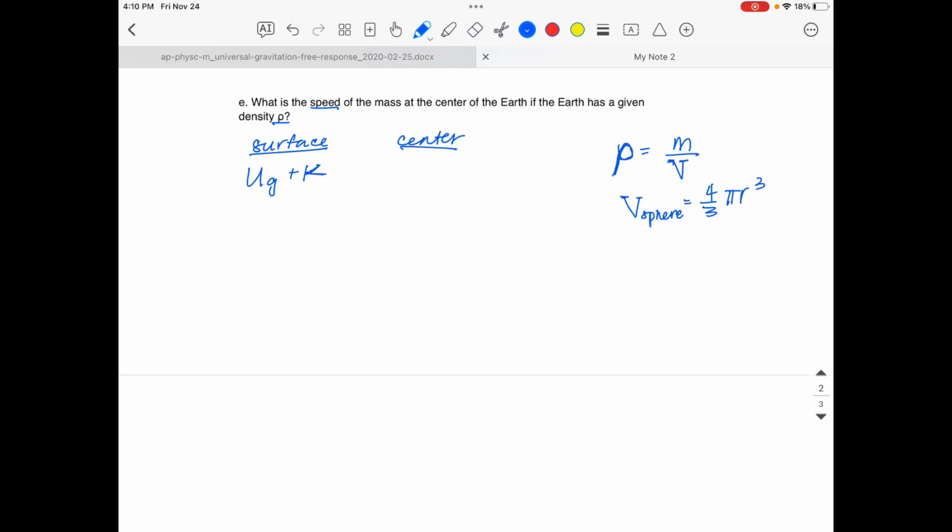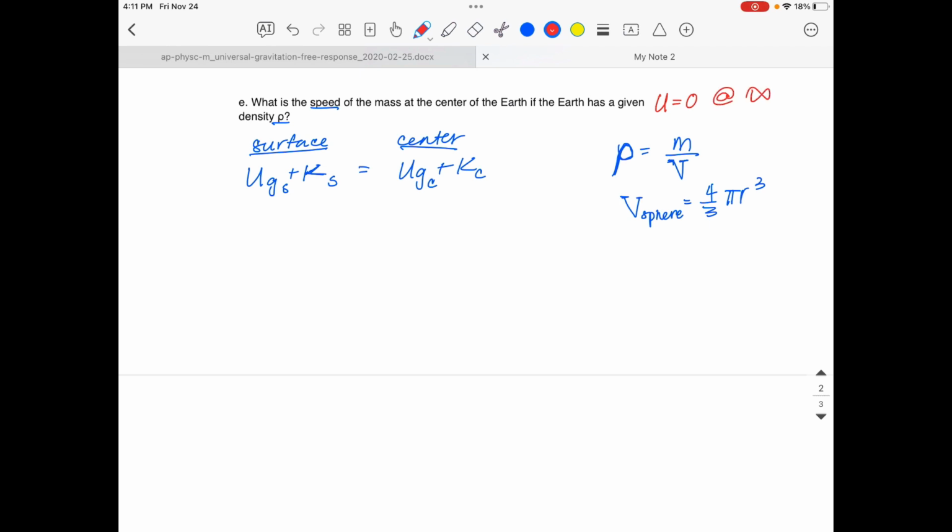Let's call it gravitational plus kinetic equals gravitational plus kinetic. We're going to use C for center and S for surface. We're going to say that at the surface of the Earth, because we are now working with universal potential energy, U is not going to be 0 on the surface. It's actually going to equal 0 at infinity.